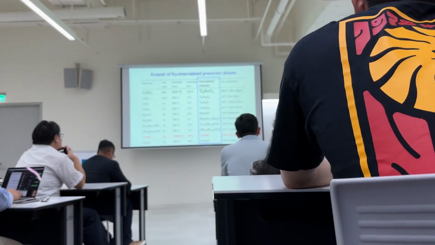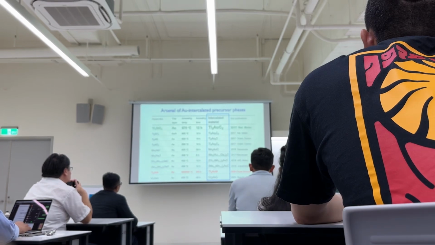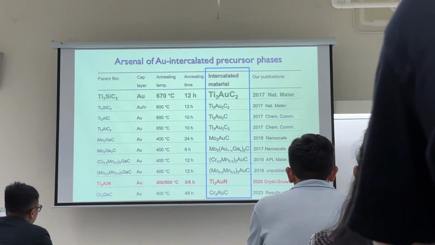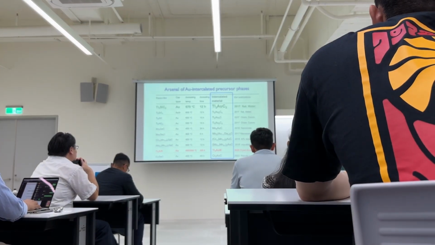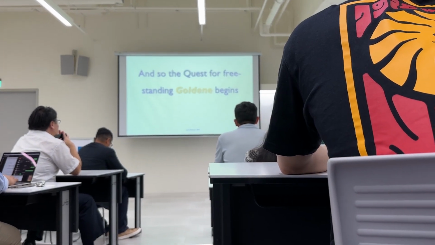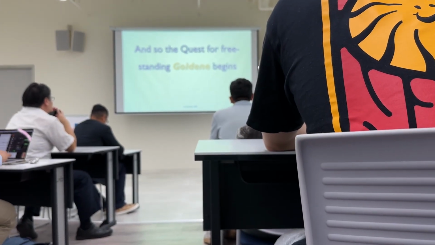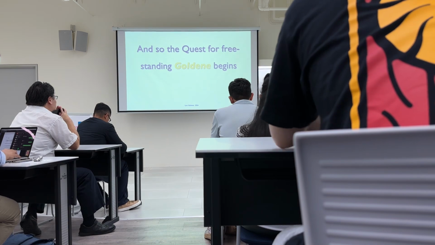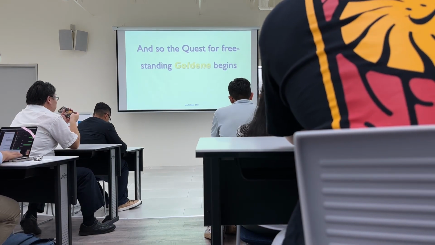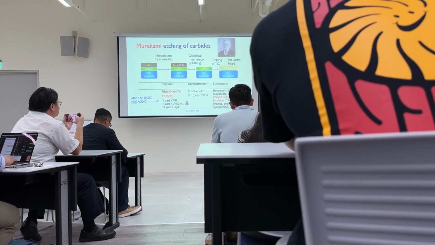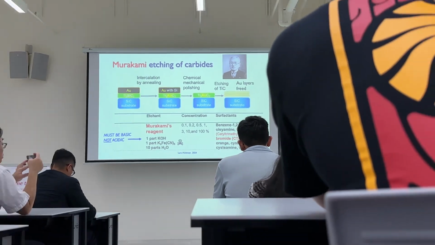So I will now spend some more time on this stuff. How do we get the gold out? That quest started for us sometime in 2016, 2017. Quite early, I found the recipe to etch the carbide.